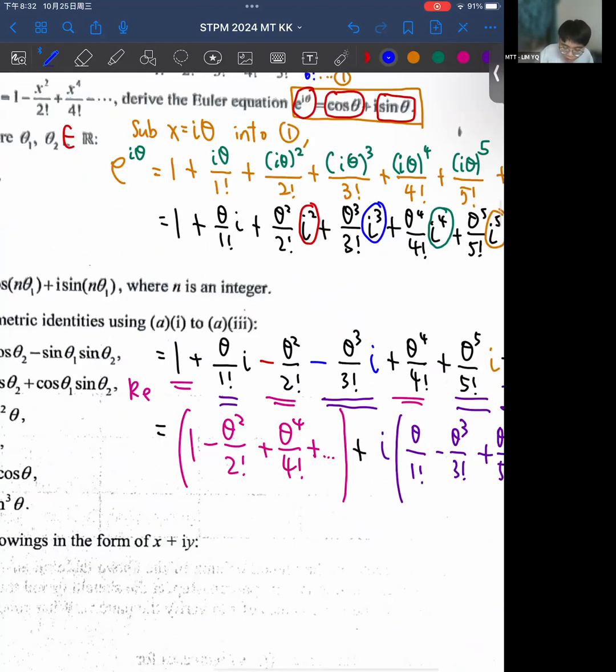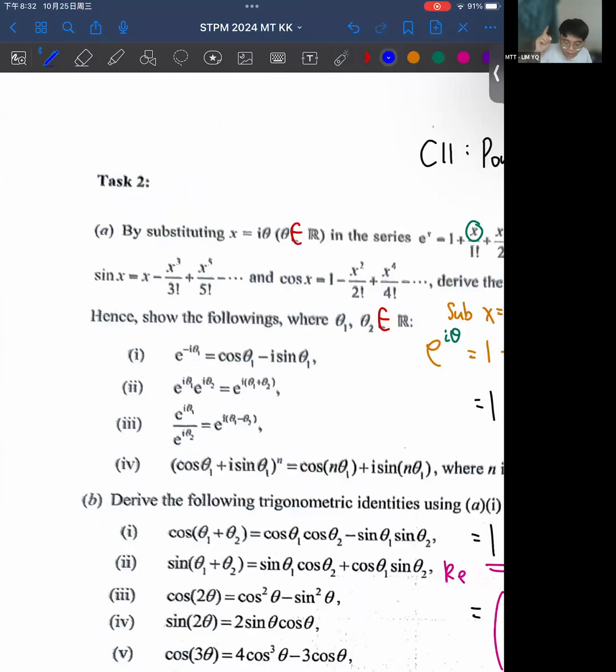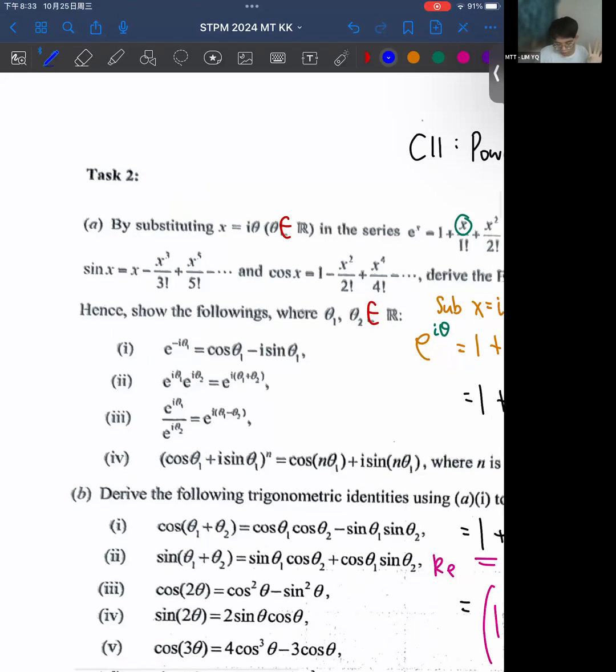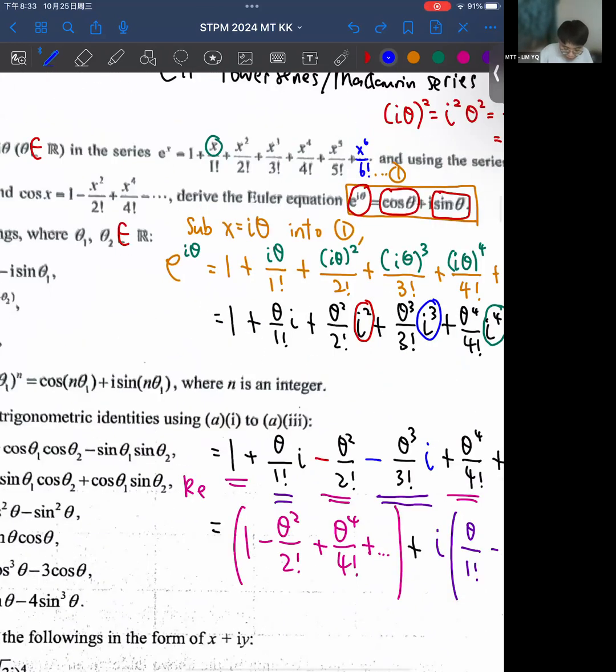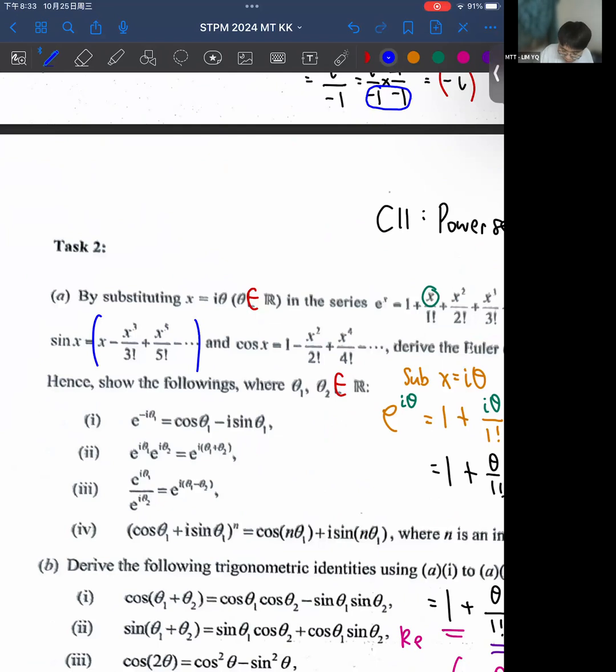Sorry, for the e to the x series, we substitute i theta. But for the sine x and cos x series, we only substitute x equal to theta, no need for i. Because you see here don't have any i, here also don't have any i. Let's say we substitute x equal to theta. You will see it is exactly the same, right? This one and this one, correct?